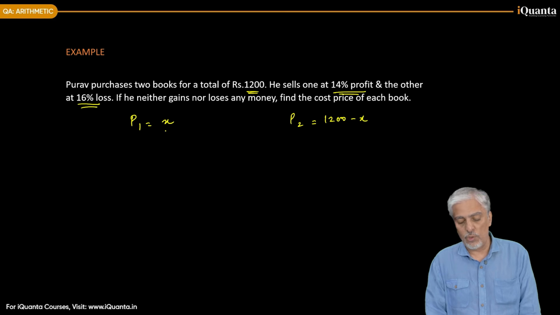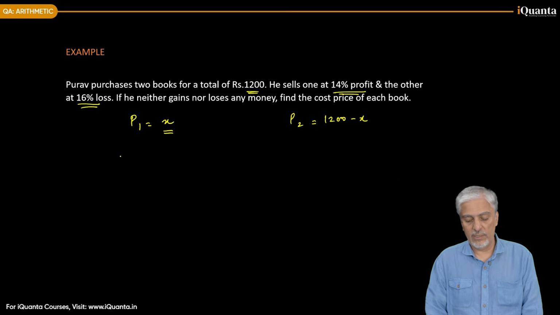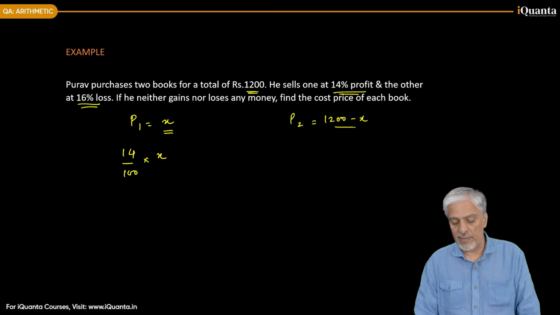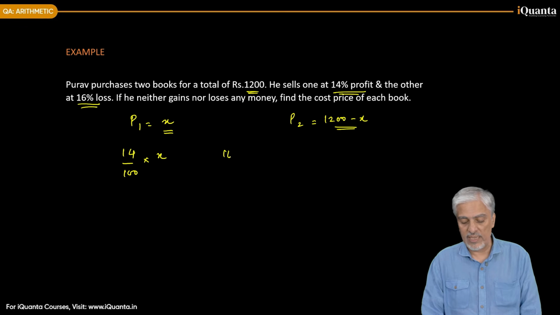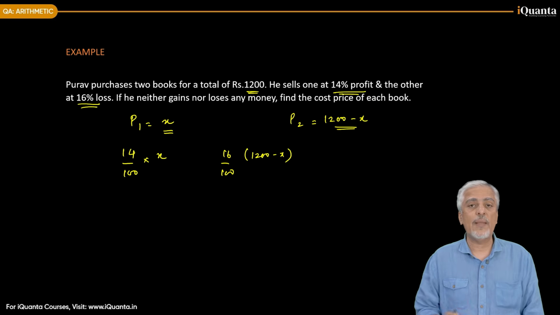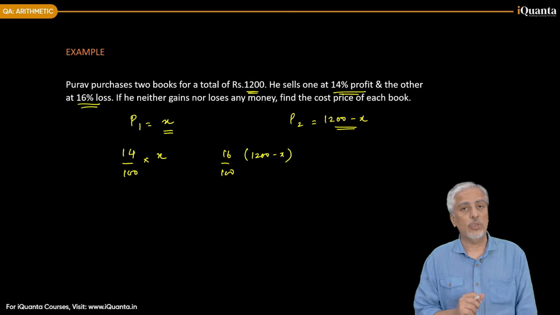Let's assume on this book he makes 14% profit. So the profit which he makes is 14 upon 100 multiplied by X. And the loss which he makes on this book is 16%. So 16 upon 100 multiplied by 1200 minus X. Now, what have they said? He neither gains nor loses any money. That means finally there is no profit, no loss.